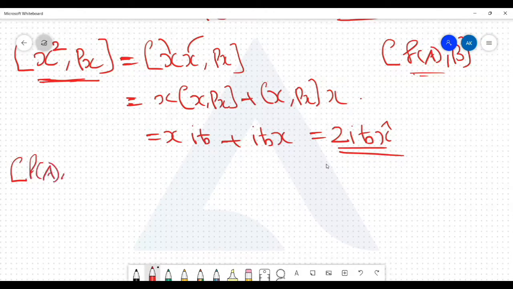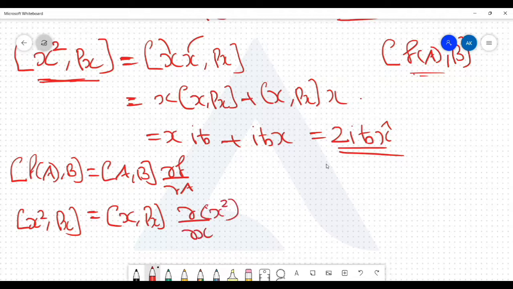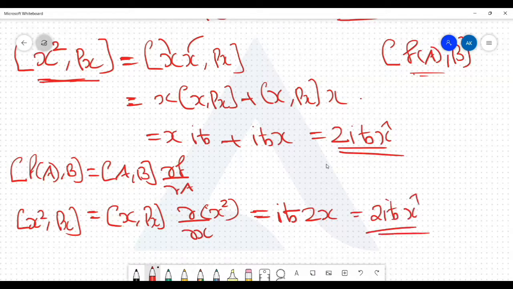[f(a), b], I told you this is the commutator [a, b] times ∂f/∂a. Now you have [x square, px]. Your a is x, therefore [x, px] into d by dx of your function x square. That is, [x, px] is iħ, the derivative of x square is 2x, therefore 2iħ x. This is your answer.